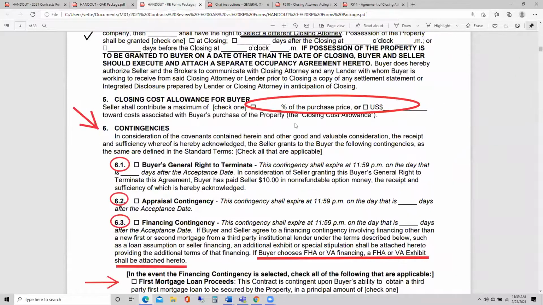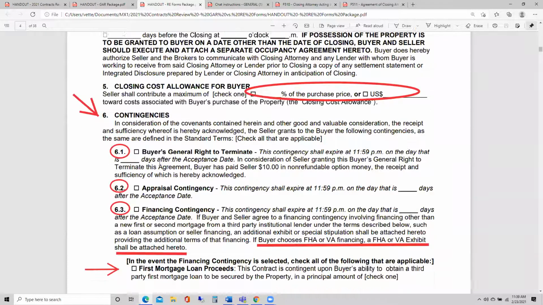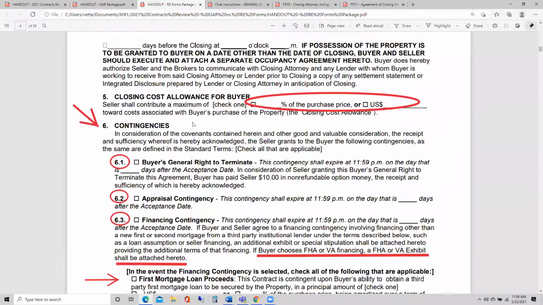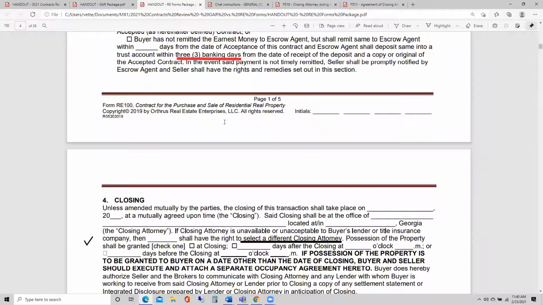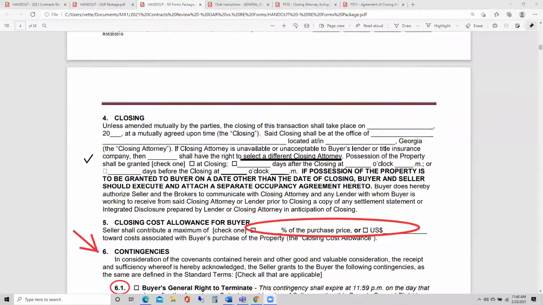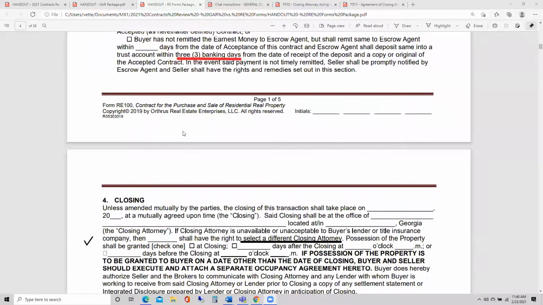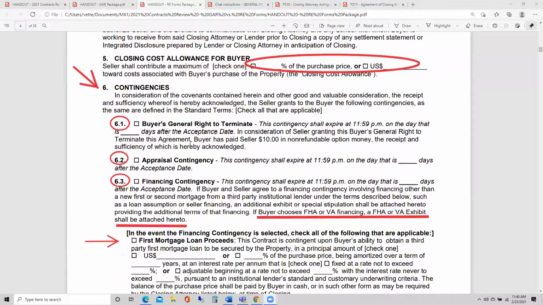In the RE Forms contract package, the time frame is, look where we are. We're actually in the actual contract, on page 2 of the actual contract under the RE Forms.